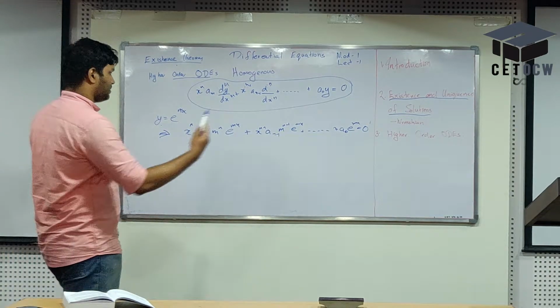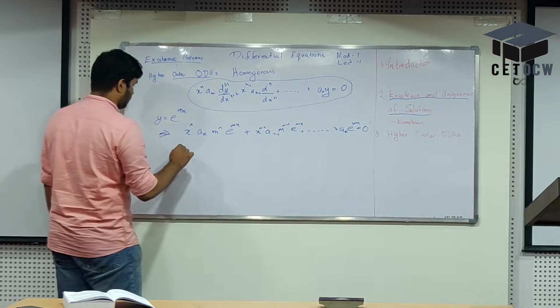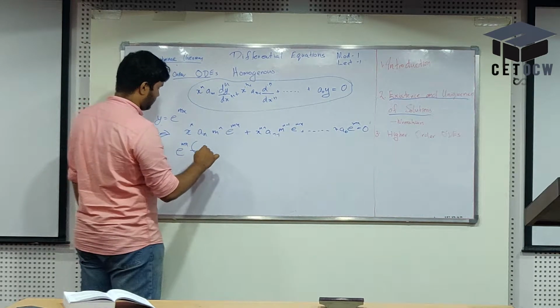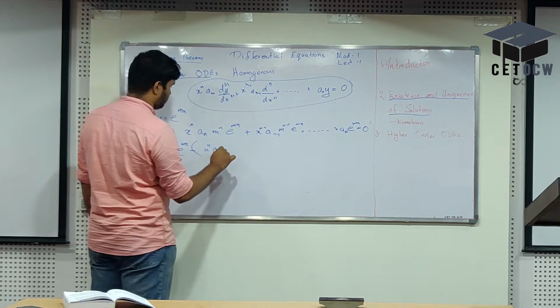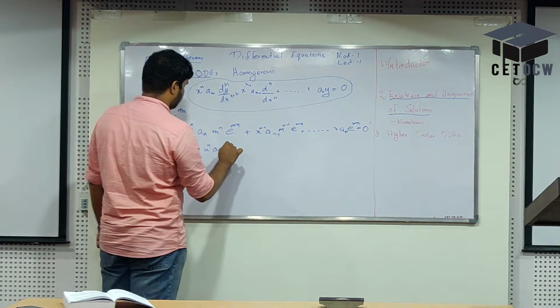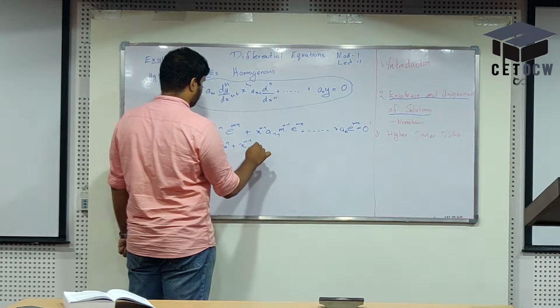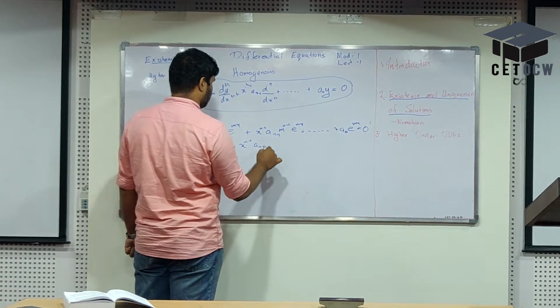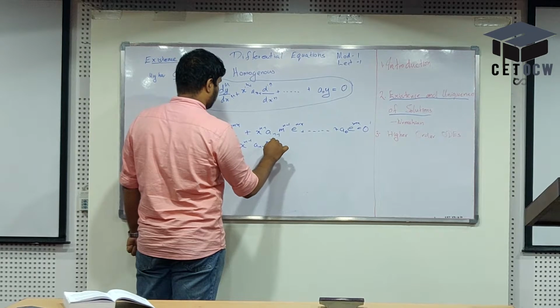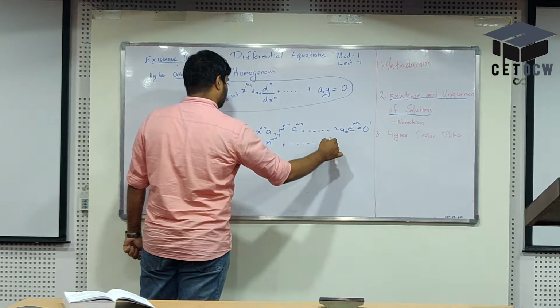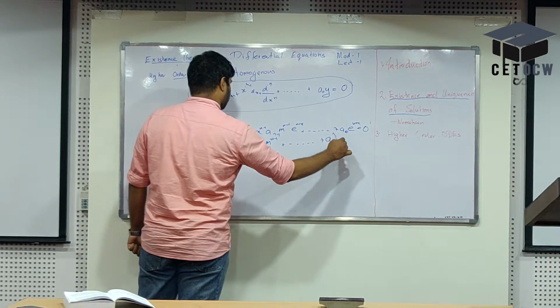Now let's take out e raised to mx. e^(mx) times x^n a_n m^n plus x^(n-1) a_(n-1) m^(n-1), etc., plus a_0, equals 0.